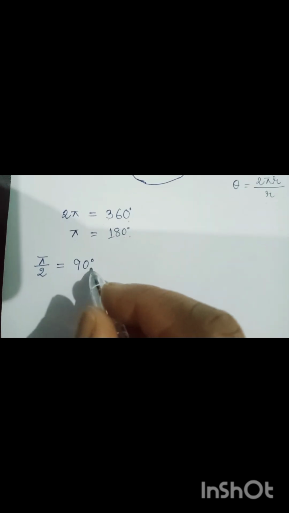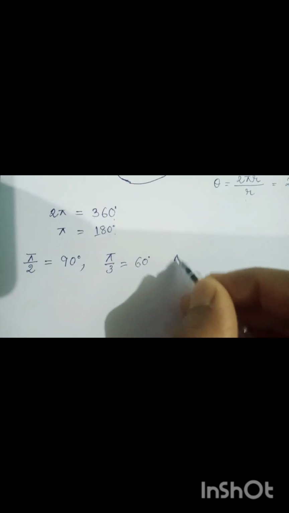Different values of angle in terms of pi can be written as pi by 2 is equal to 90 degrees, pi by 3 is equal to 60 degrees, pi by 4 is equal to 45 degrees, pi by 6 is equal to 30 degrees, and so on.